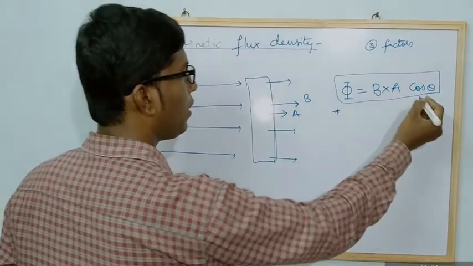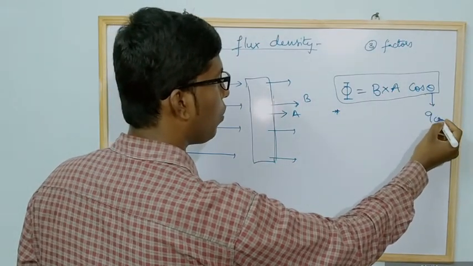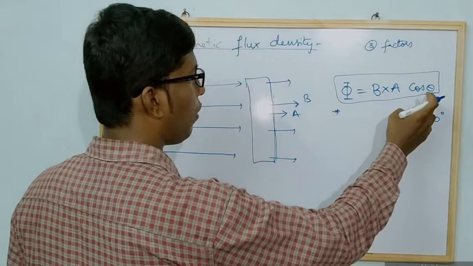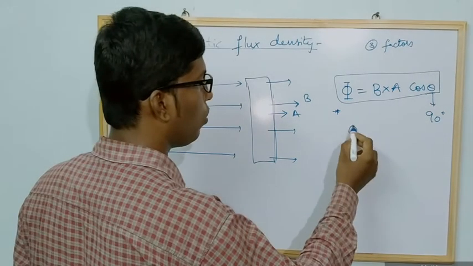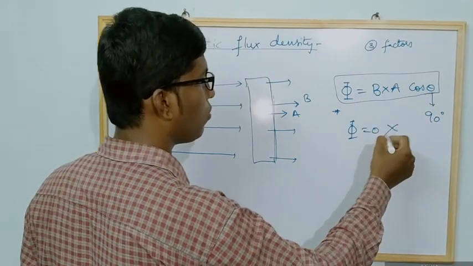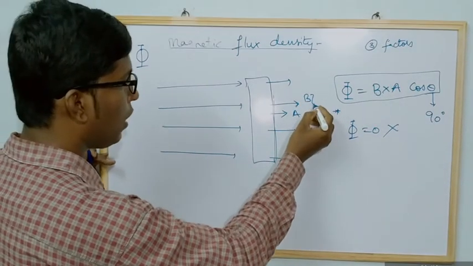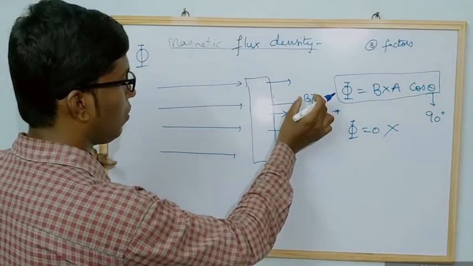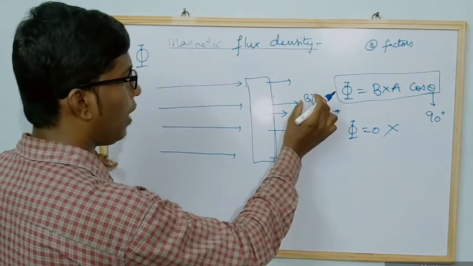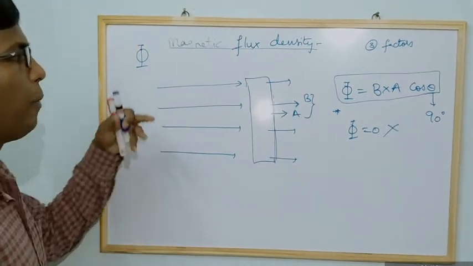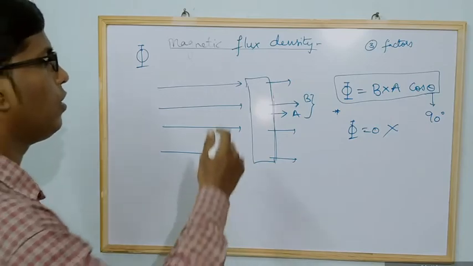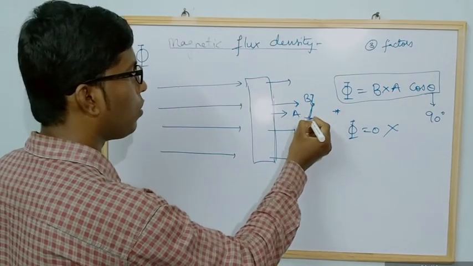Here it says perpendicular, and perpendicular means 90 degrees. We know cos 90 is equal to 0, so they say flux will be 0, but this is very wrong. What we have to observe is the relation between the area and the magnetic flux density, these two cases.